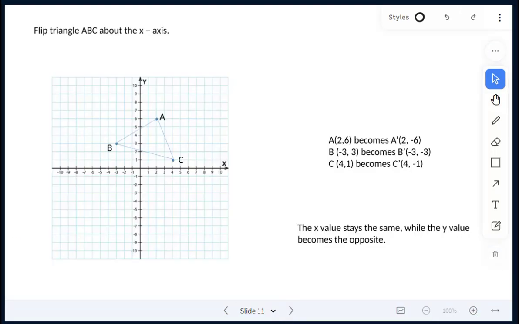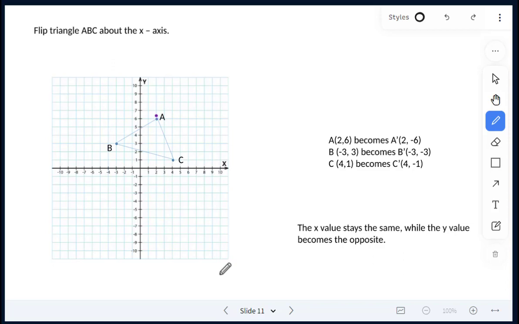All right, so let's see here. We have our original figure, A, B, C. It's a triangle, and we're going to flip it about the x-axis. All right, so we're going to do the same thing, count the squares to the mirror line. Our mirror line is the x-axis, and we're going to label those as prime.